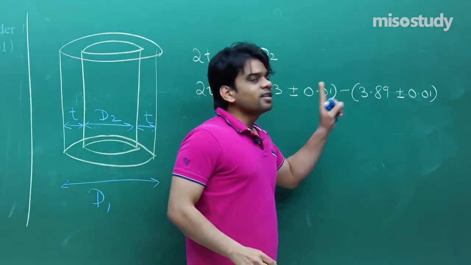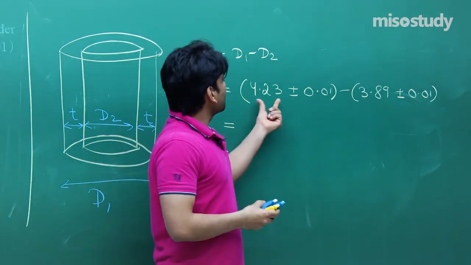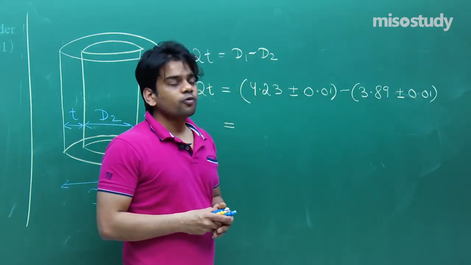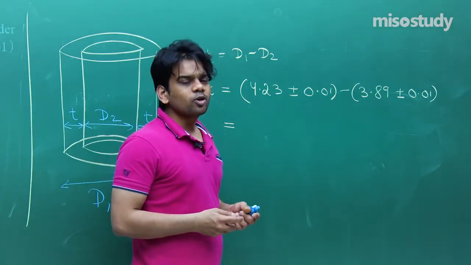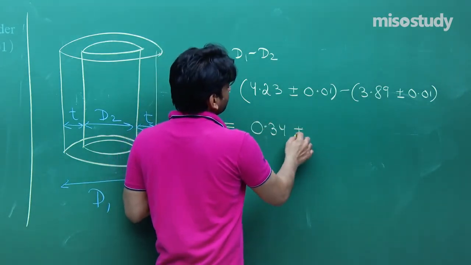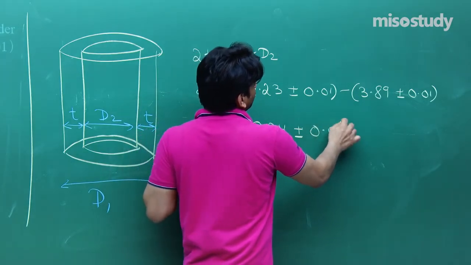The integers, the main part of the answer, will actually be subtracted. This term will be subtracted from this term. So 4.23 minus 3.89, you will be getting 0.34, and plus minus 0.01.